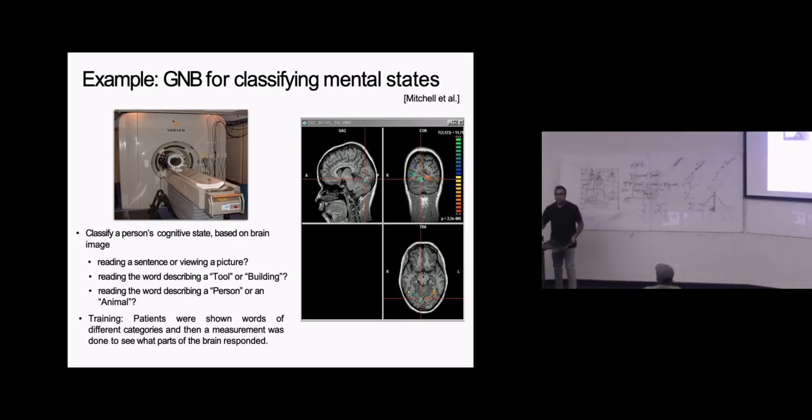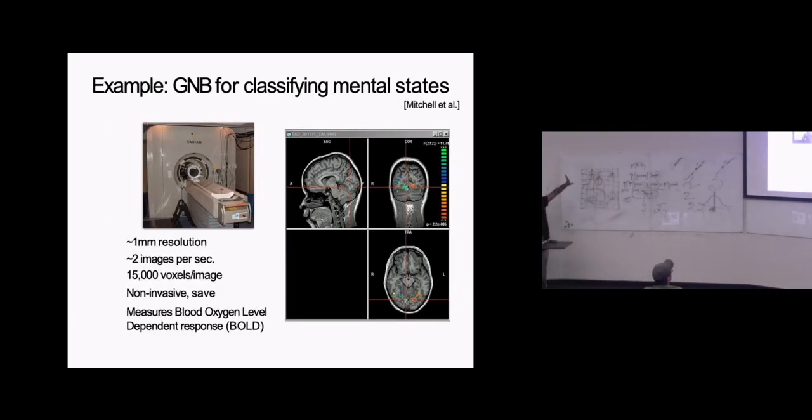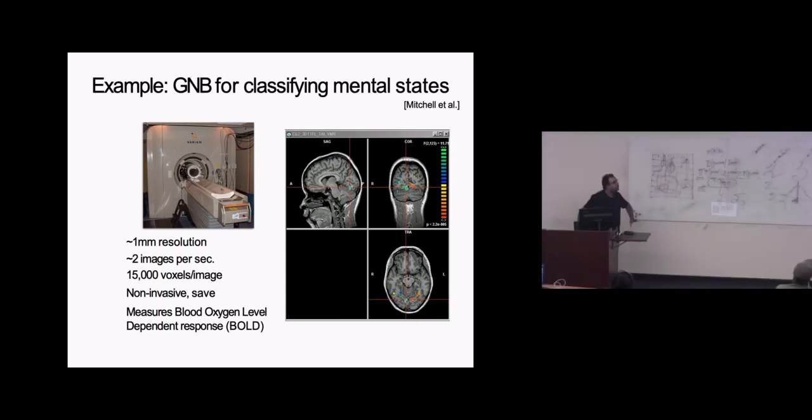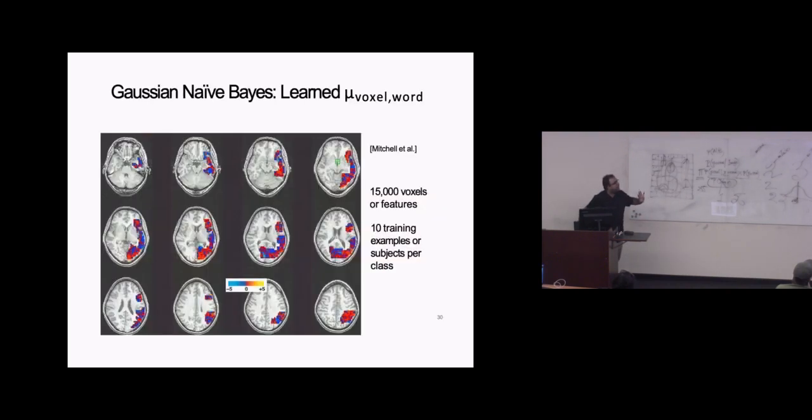They created a training example when they showed the word and took a lot of pictures of the brain. This is the setup, like 1 millimeter resolution, 2 images per second. A voxel is basically a 3D pixel.